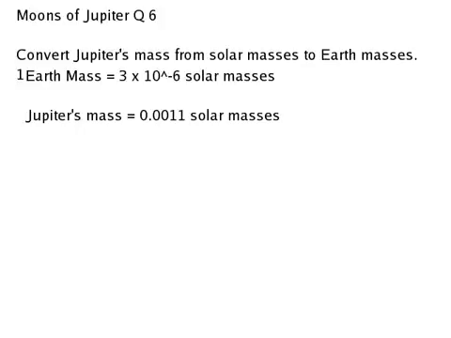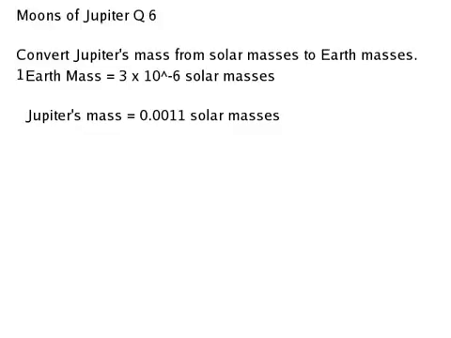Let me just abbreviate that to M Jup for the Jupiter mass, so I can squeeze everything in one line. Okay, so we have our 0.0011 solar masses. I'm going to abbreviate that as SM.